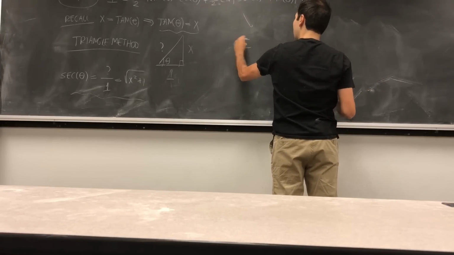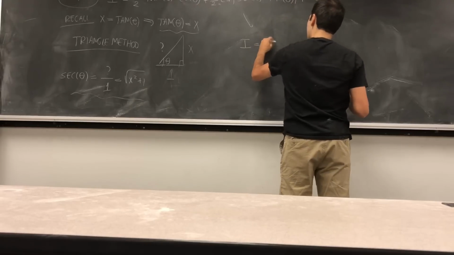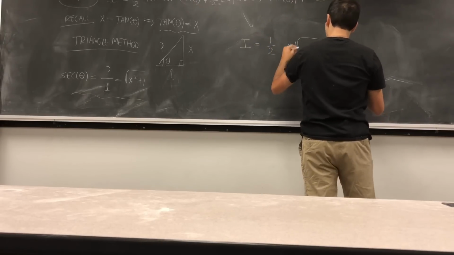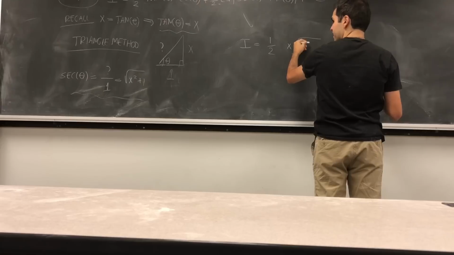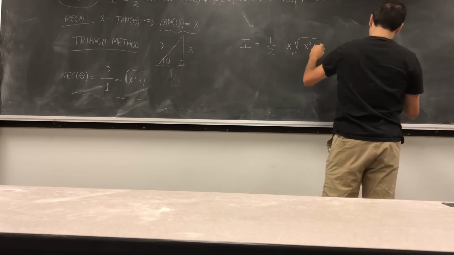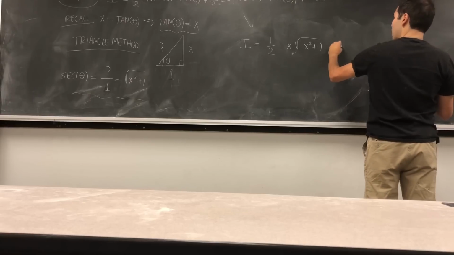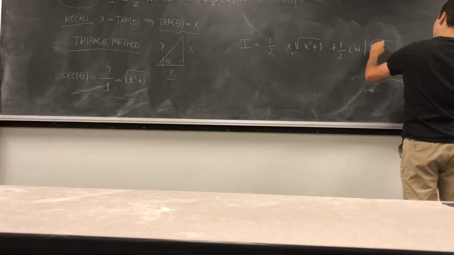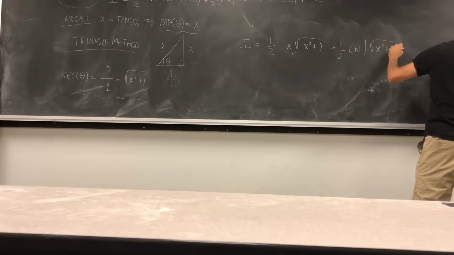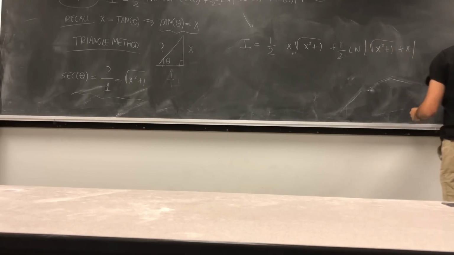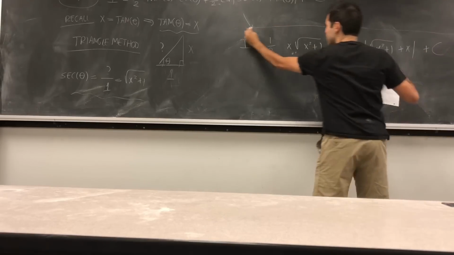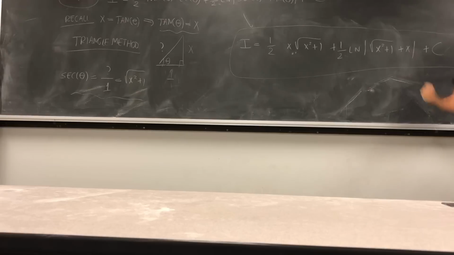So I then just becomes 1/2 x times the square root of x squared plus 1, plus 1/2 ln of the square root of x squared plus 1 plus x, plus a constant. To be honest, I believe you can also remove the absolute value, but it's too risky for now.